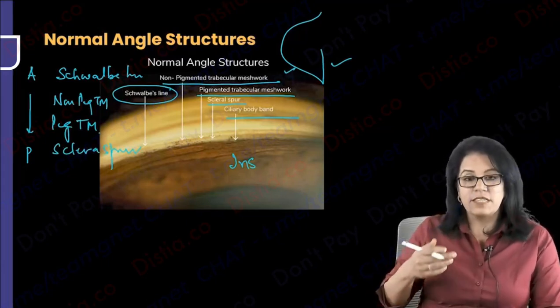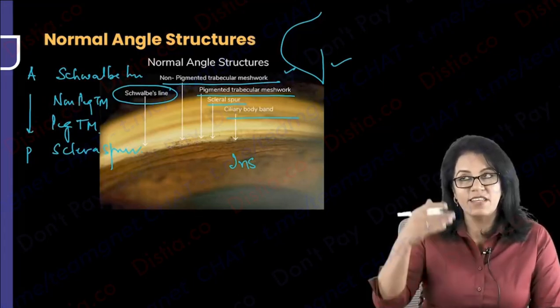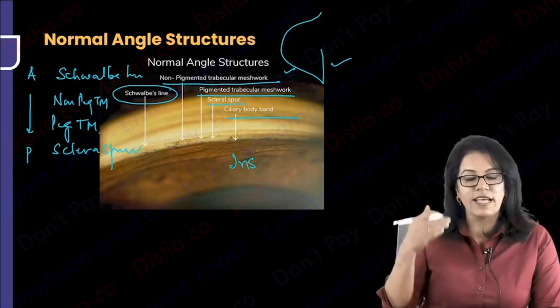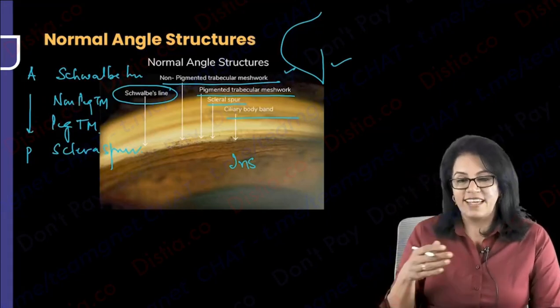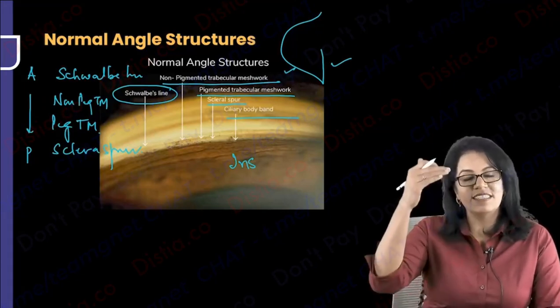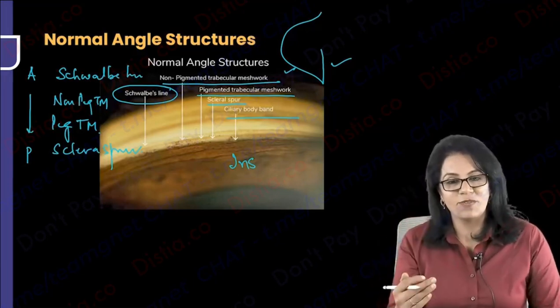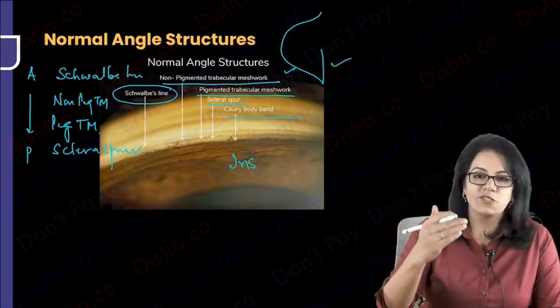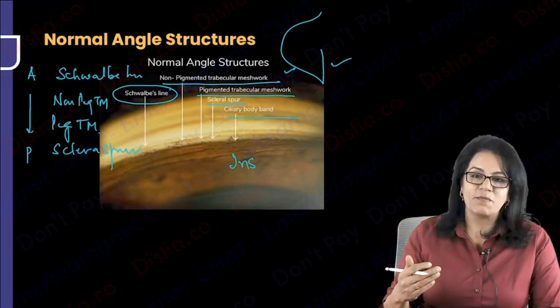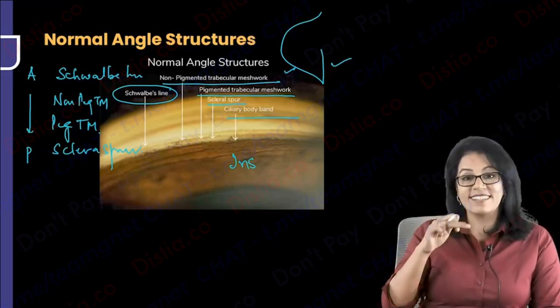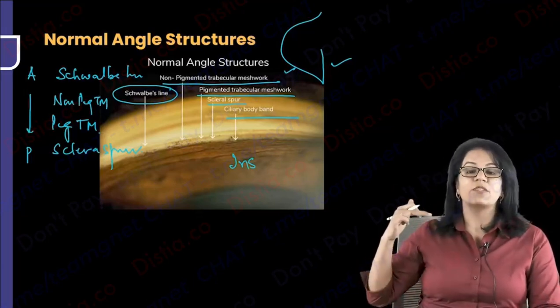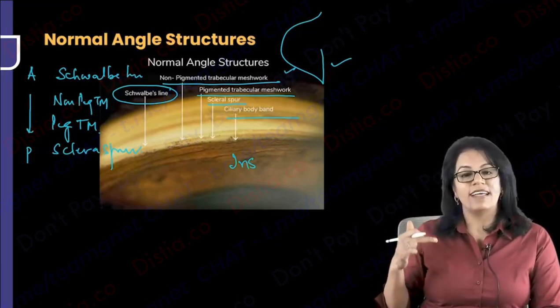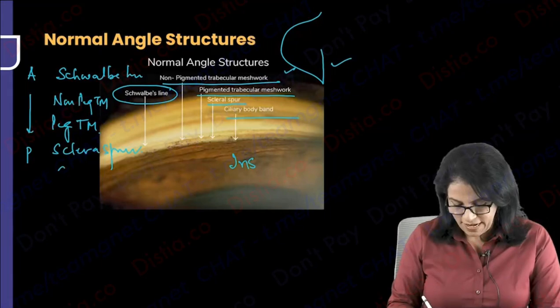After scleral spur, when you were seeing the plateau iris slide, if you remember that structure through your slide, you don't need any mnemonic to learn it at all. You will just understand if you're clear with the picture of the anterior chamber angle. So it was Schwalbe's line. Definitely there has to be trabecular meshwork first, non-pigmented and then pigmented. We saw the angle recess and the scleral spur, and then we saw the ciliary body band, and then comes the iris.